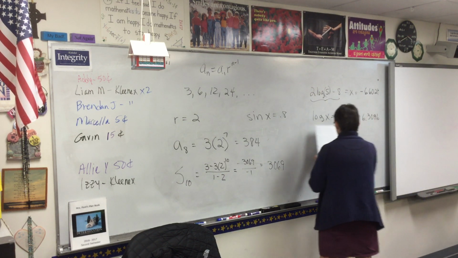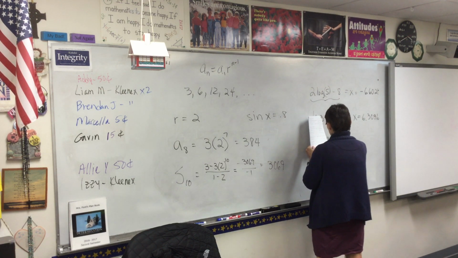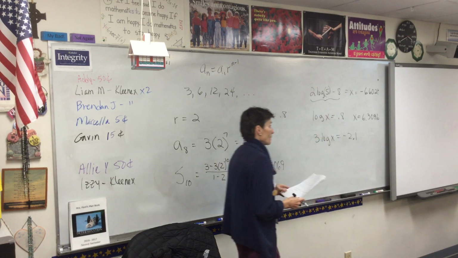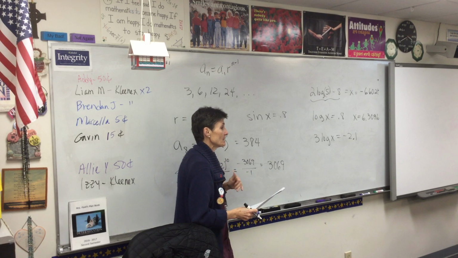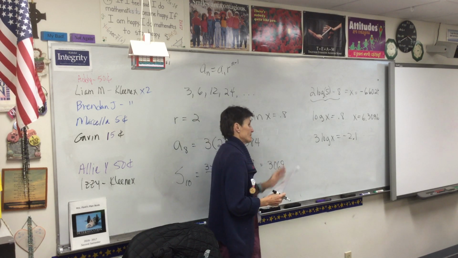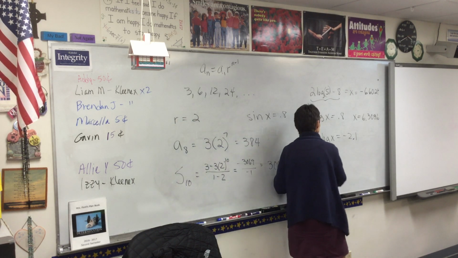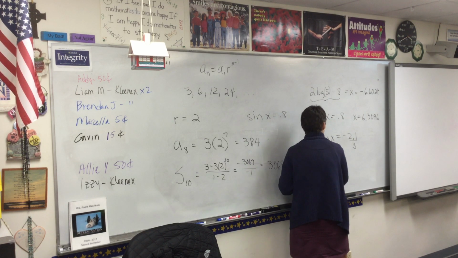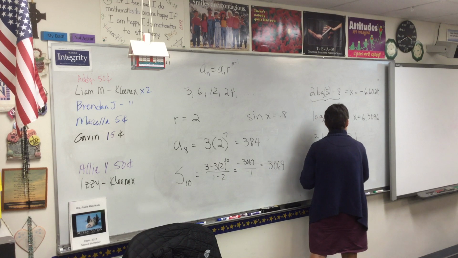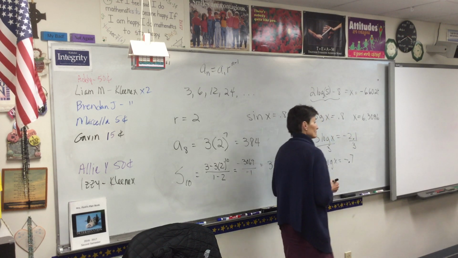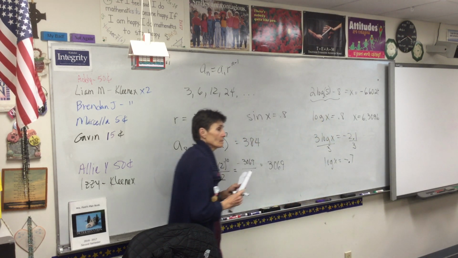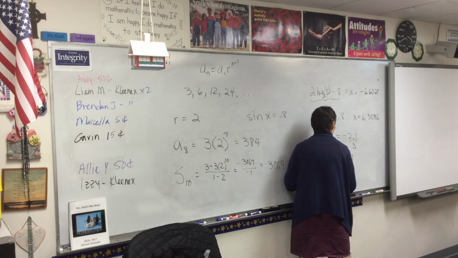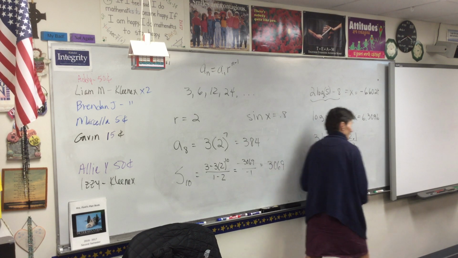All right, C, 3 log x equals negative 2.1. Now be careful, Anthony. Yes, the first thing you need to do is divide by 3. So log x equals negative 0.7. Now, how do we figure out what x is if we have log x equals negative 0.7?